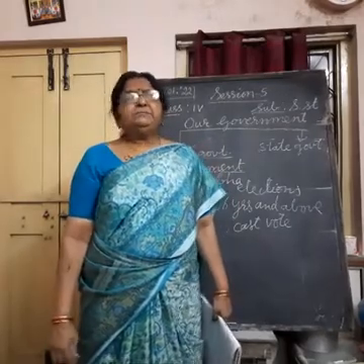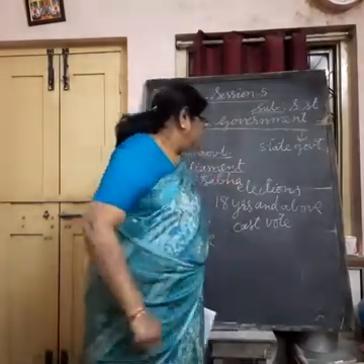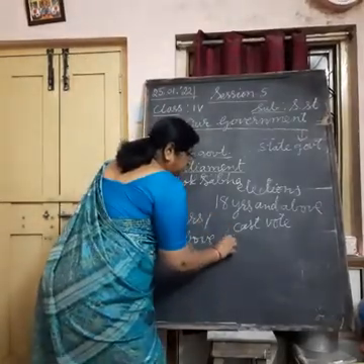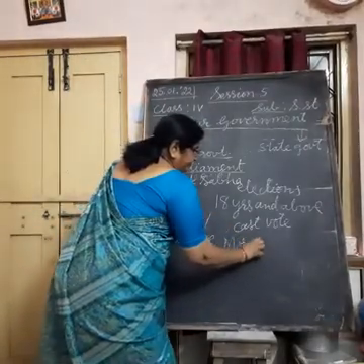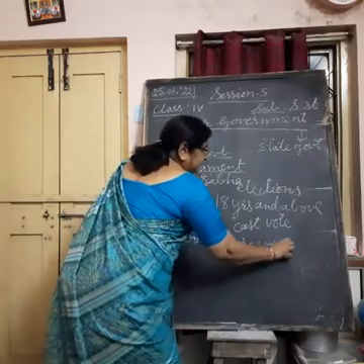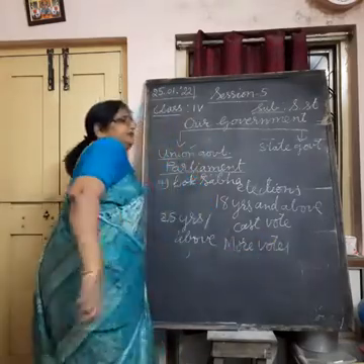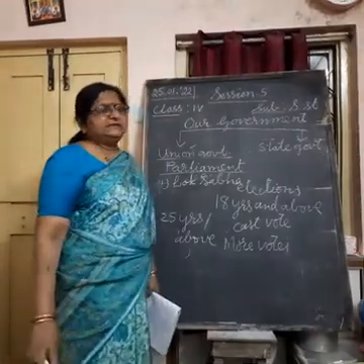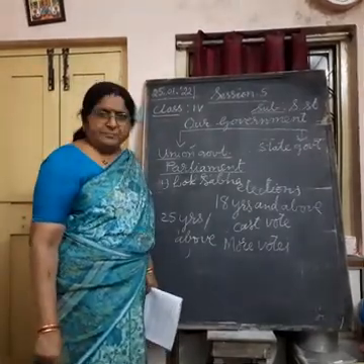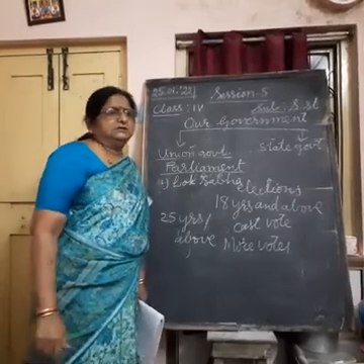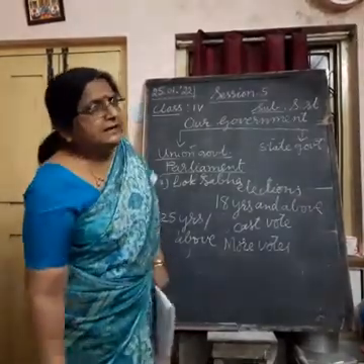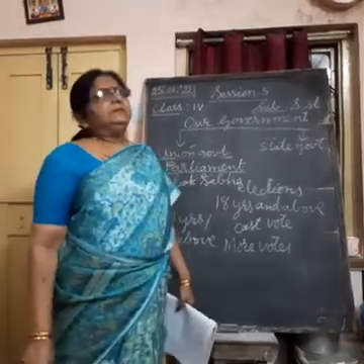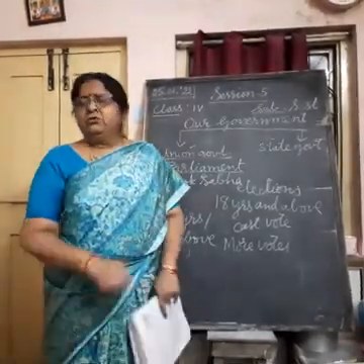And these people, the one who gets more votes wins the election. Understand? For example, one Mr. A and Mr. B are contesting the election. If Mr. A gets 450 votes, Mr. B gets 700 votes, who gets more?